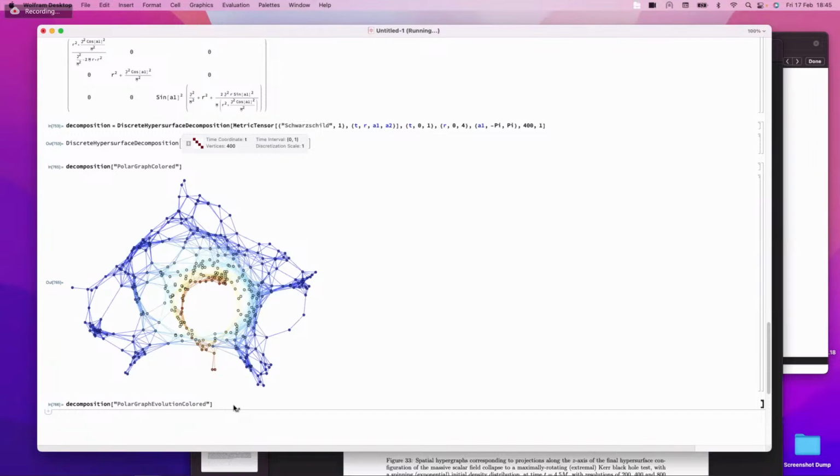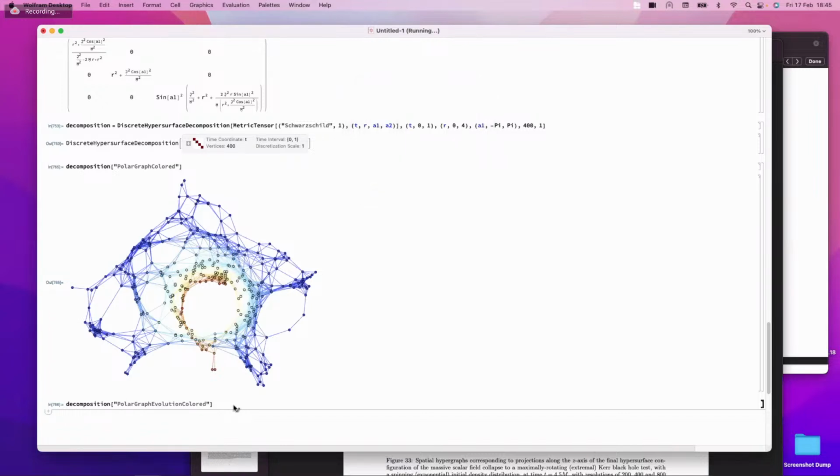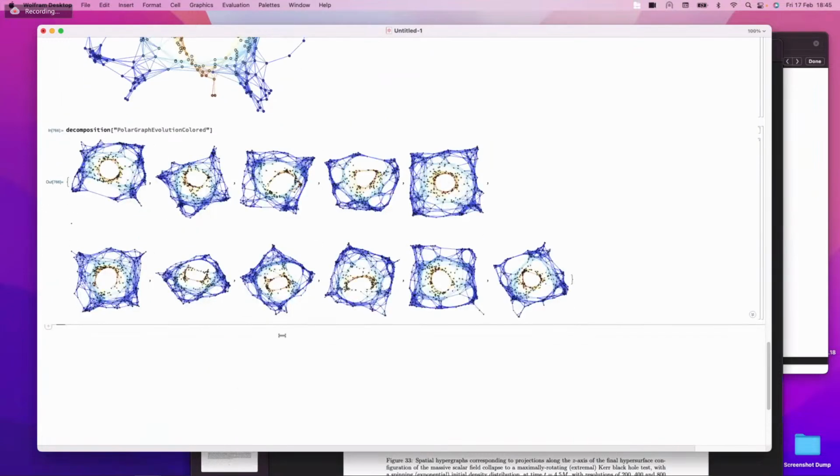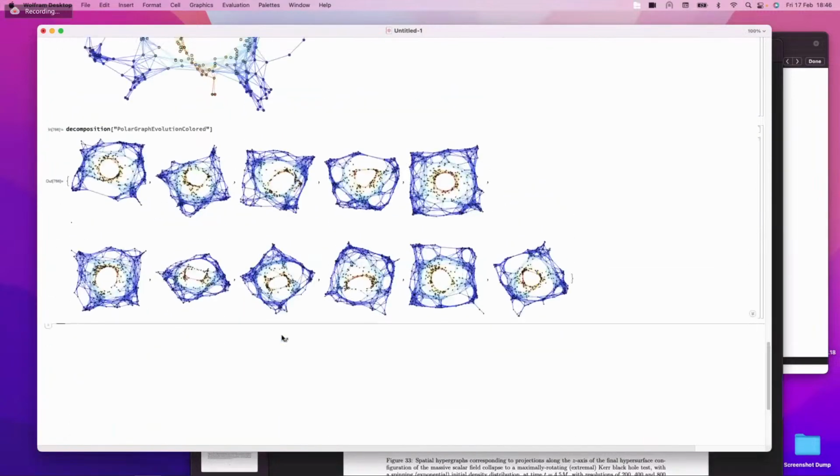Well, this is a topic for another discussion, but this relates to some stuff we've been working on recently in relation to these algebraic quantum field models. Okay, so there's an evolution. This is a static metric, so it's not a very exciting evolution, but it's parameterized in terms of hypergraphs.